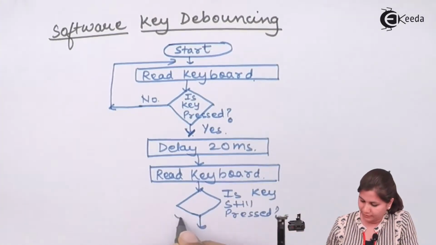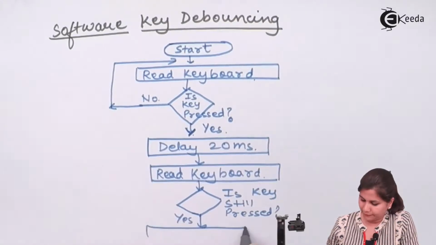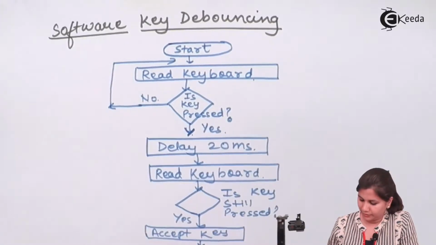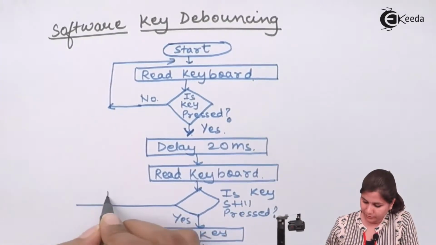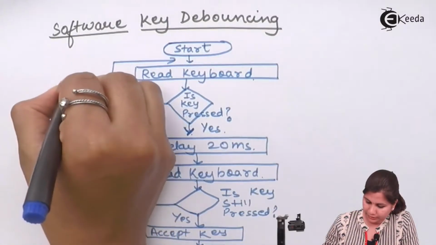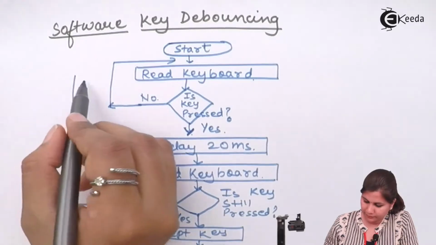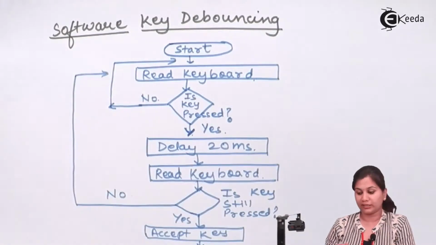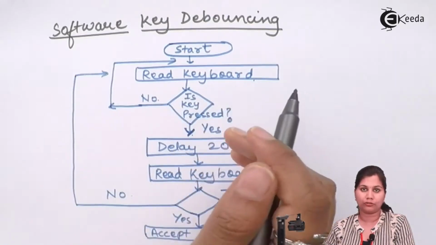If yes, then accept the key and return. If the key is not pressed, then again come to this step, read the keyboard and check whether the key is pressed or not.